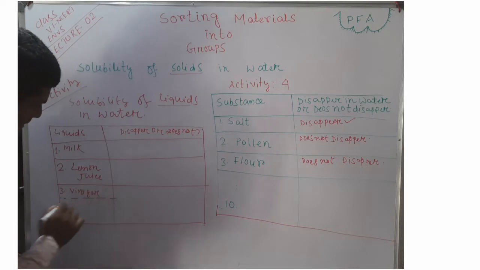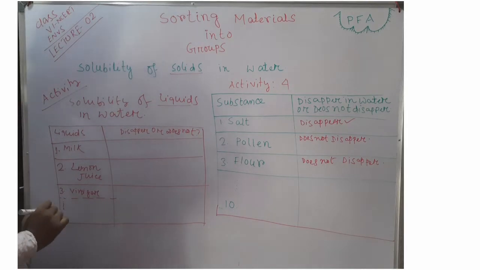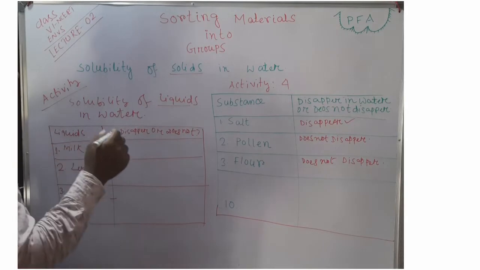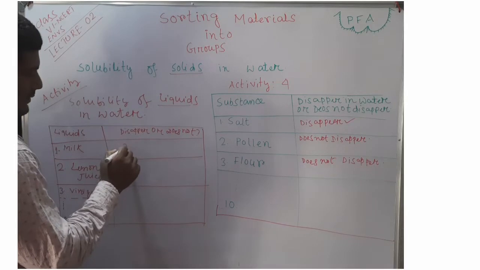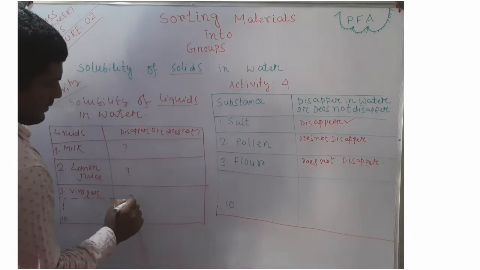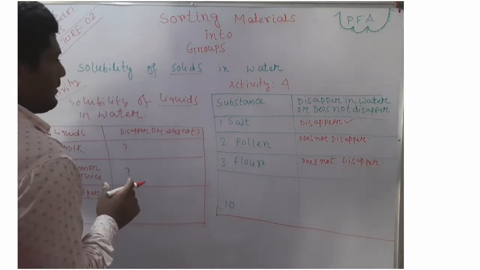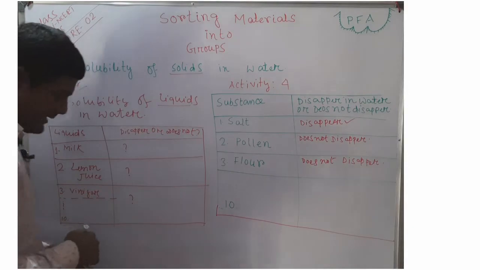Similarly, take as many as possible, minimum 10, and say whether each one disappears or not. So this is your homework, and after performing this activity, what is the result? Comment in the comment section.